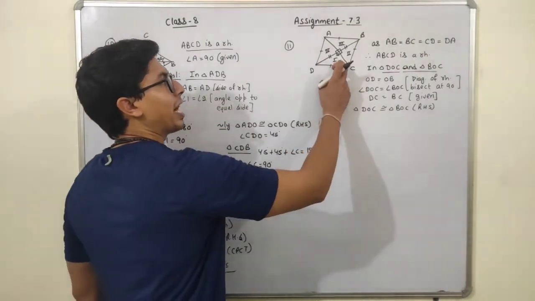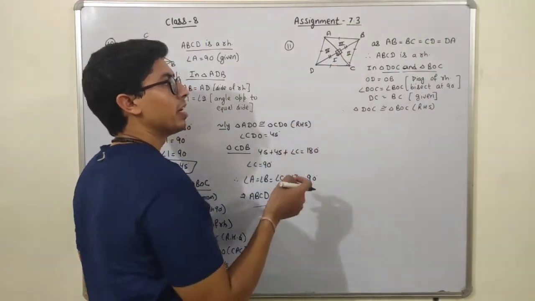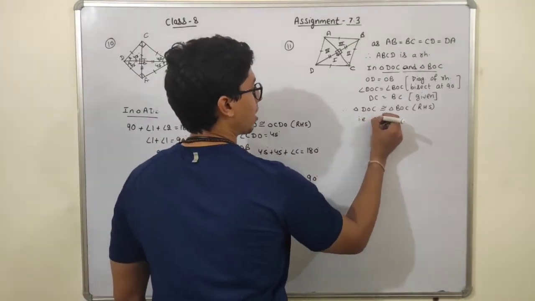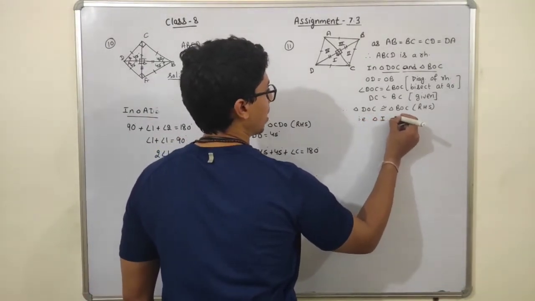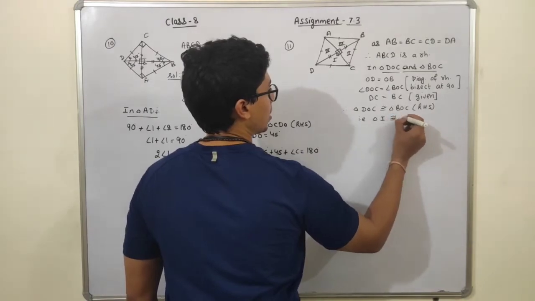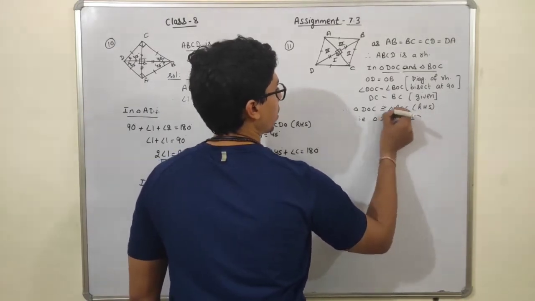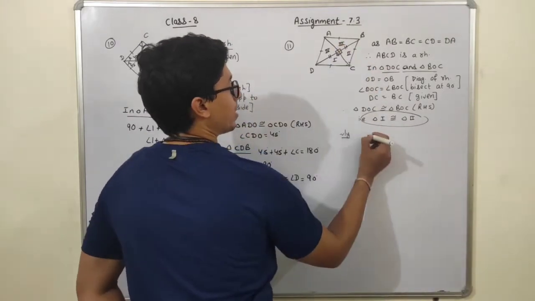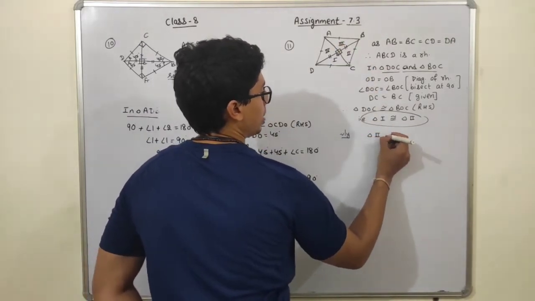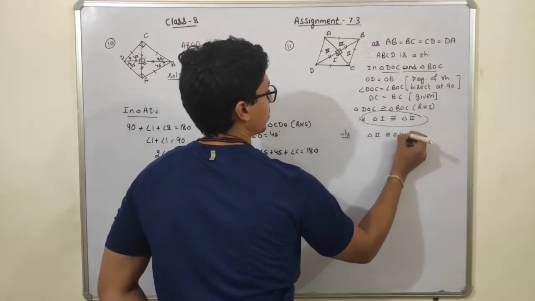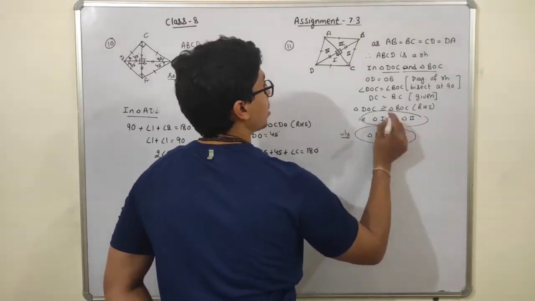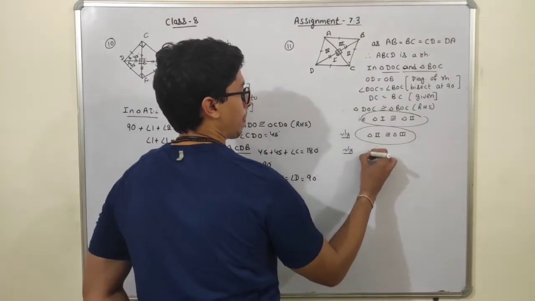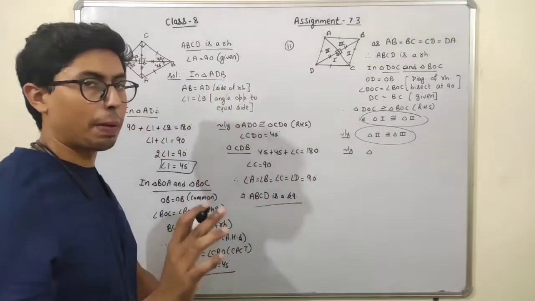Similarly, students, see, I have proved that these 2 triangles are congruent. Similarly, if I just name them, triangle first is congruent to triangle second. Similarly, students, triangle second is congruent to triangle third. Similarly, third will be congruent to fourth.